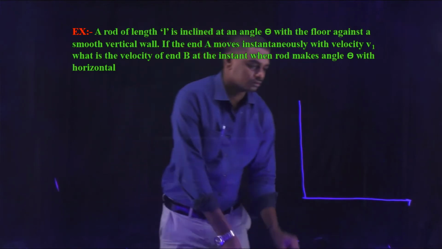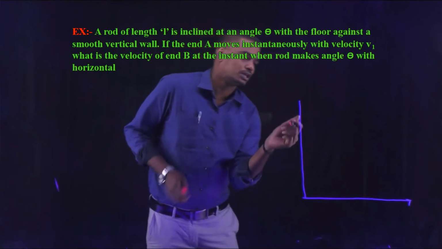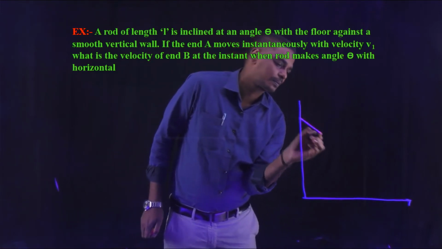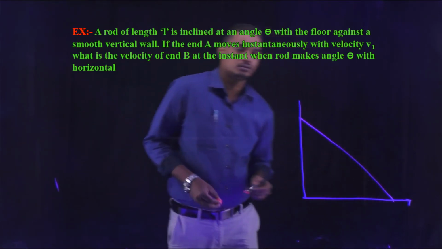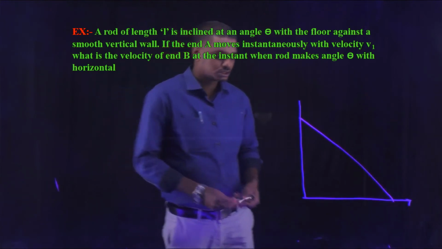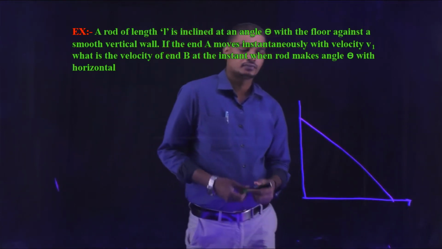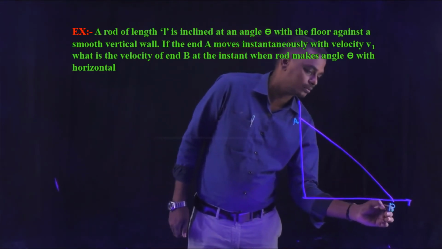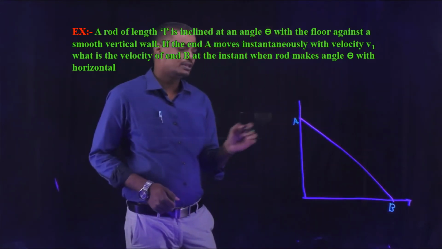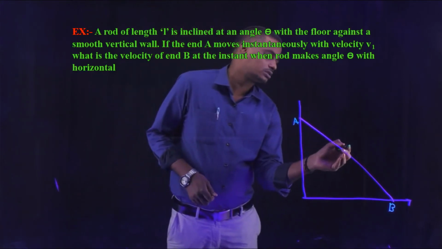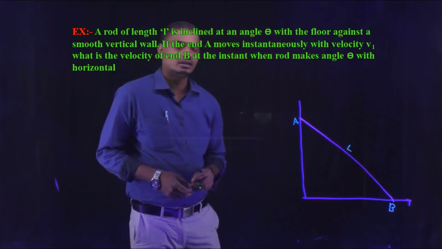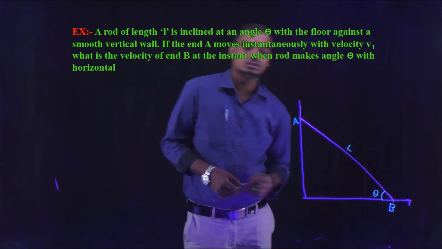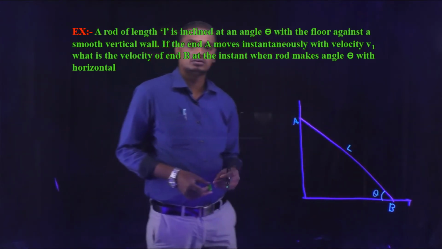Okay, now for easy understanding, I will use two different pens. So this is the rod A B, whose length is L. L is the length of the rod, and it is making an angle theta with the horizontal, with the floor.